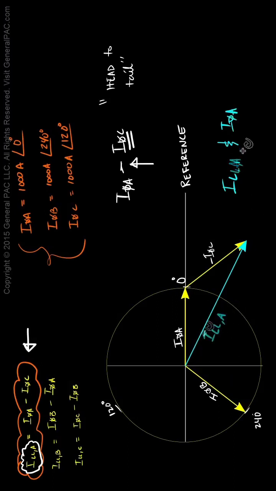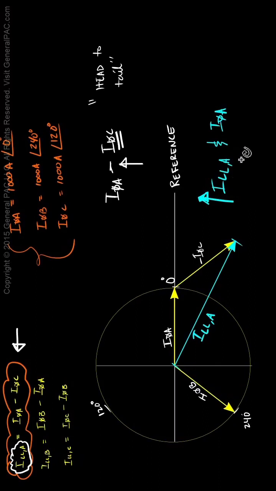Let's label a little better. Now we see that line current is a lot longer than our phase current, right? This is our phase current here and this is our line current. So the magnitude of line current, which starts from the origin and ends up at the tip here, is larger than our phase current. In fact, we have compared the two.